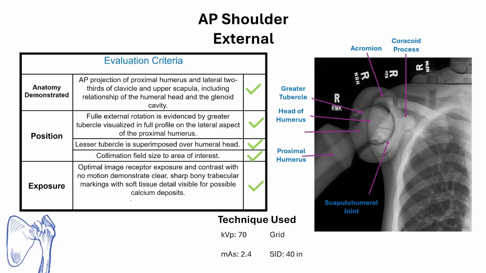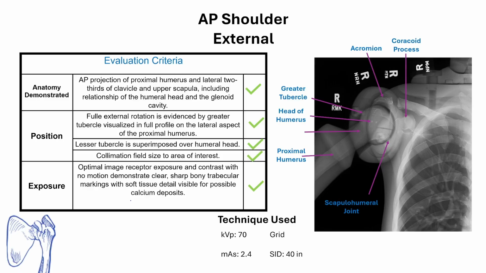Positioning requirements include full external rotation to be evidenced by greater tubercle visualized in full profile on the lateral aspect of the proximal humerus. Lesser tubercle is superimposed over humeral head, and collimation field size to the area of interest.